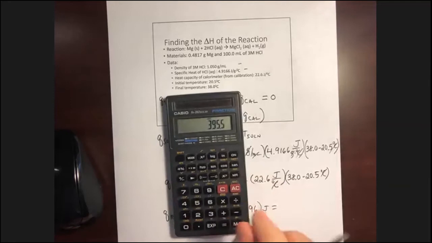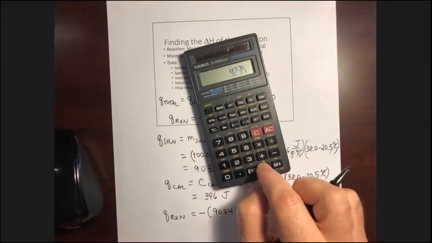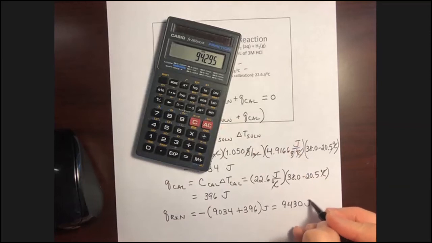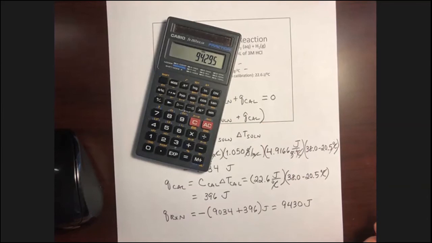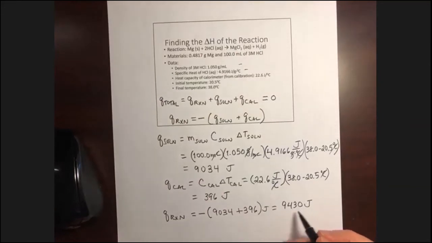So 395.5 plus 9,034 should be essentially 9,430 joules when you round things up. But here's the important thing. This is the amount of heat that was produced by our reaction. Oh, don't forget the negative sign there. Sorry about that.